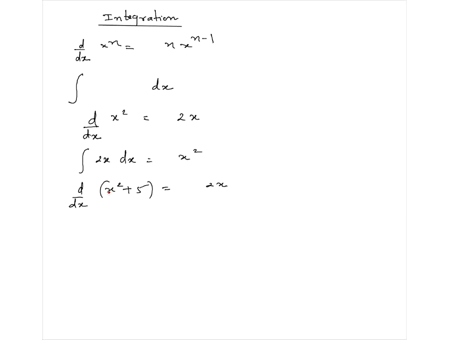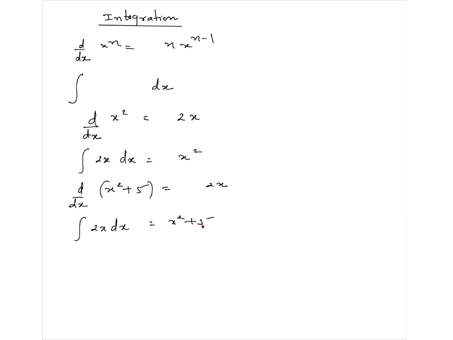Any problem about this? Let me know. That means integration of 2x from here is x square plus 5. Integration of 2x is x square. Integration of 2x is x square plus 5.